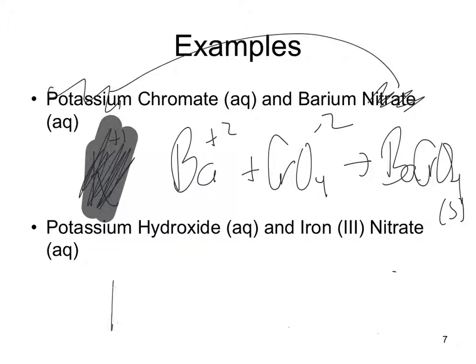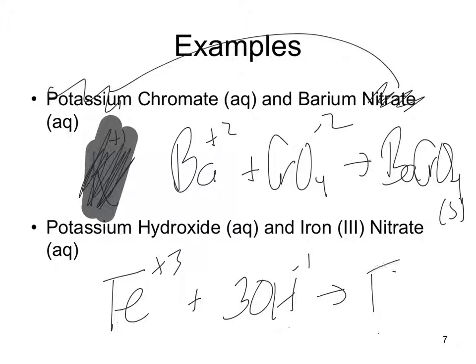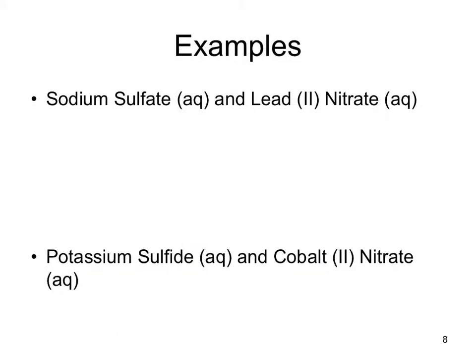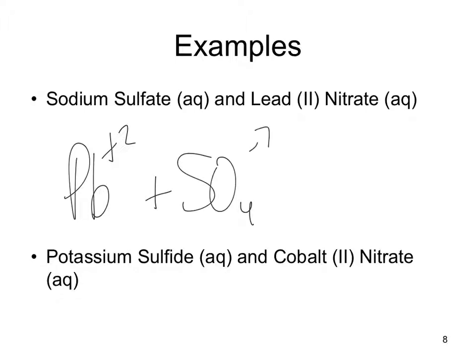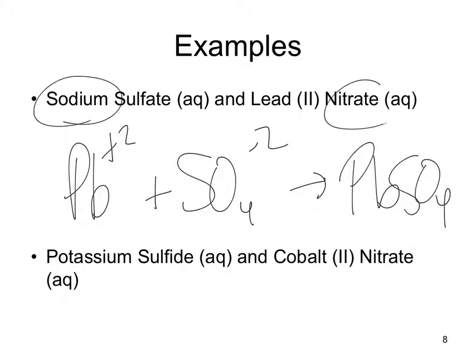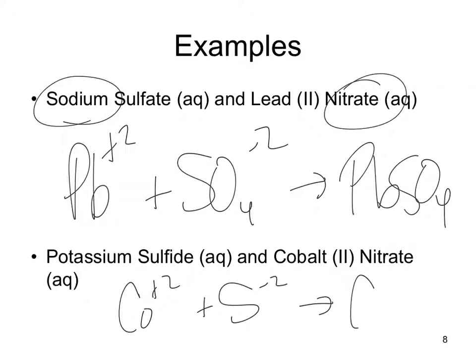And so I'm going to say Fe with a +3 and 3 hydroxides with a -1 get together to make Fe(OH)3. Okay, and this one you could probably write by checking your solubility rules, without even writing out the whole equation, because you know that sodium and nitrate before and after are going to be spectators. Those are the net ionic.